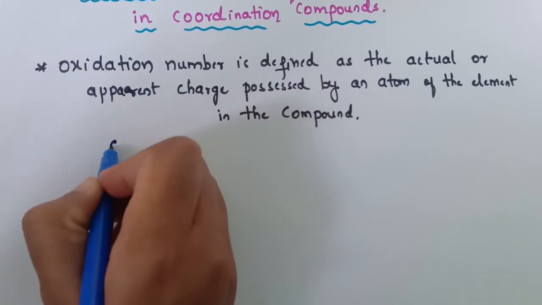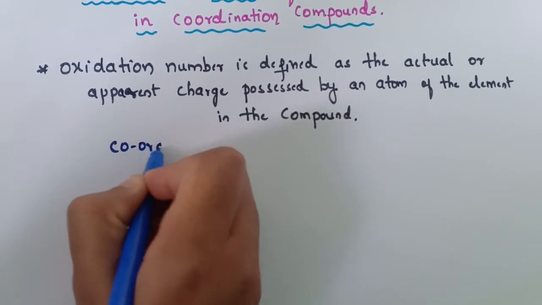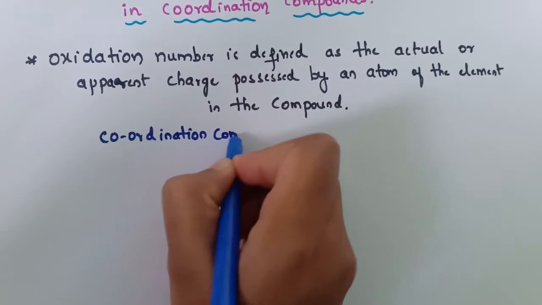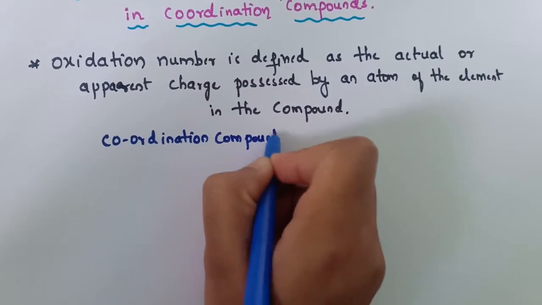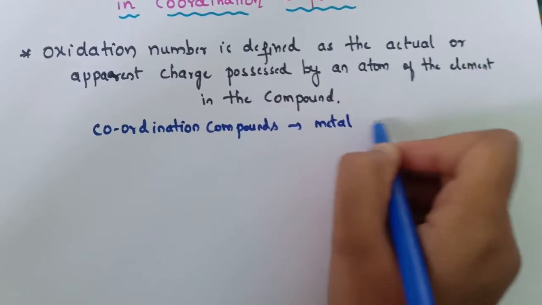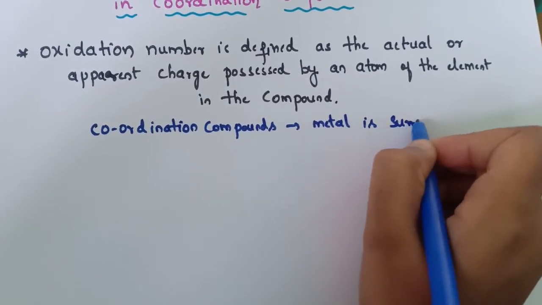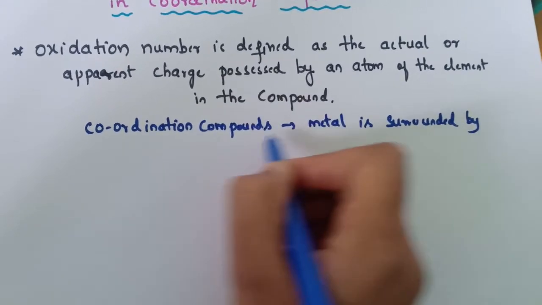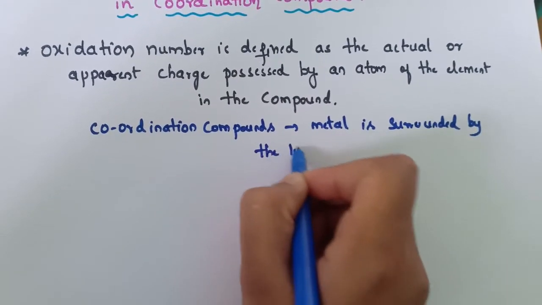In coordination compounds, we already know that the metal is surrounded by the ligands.